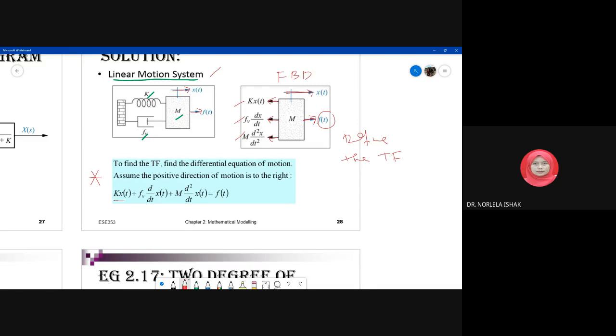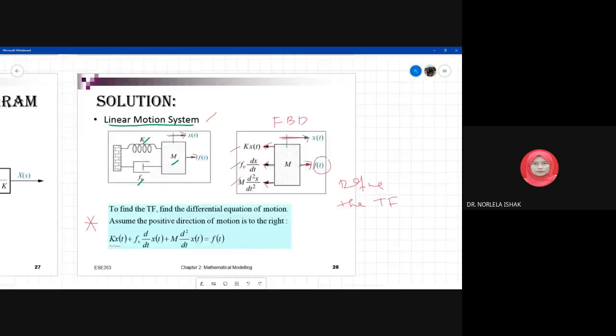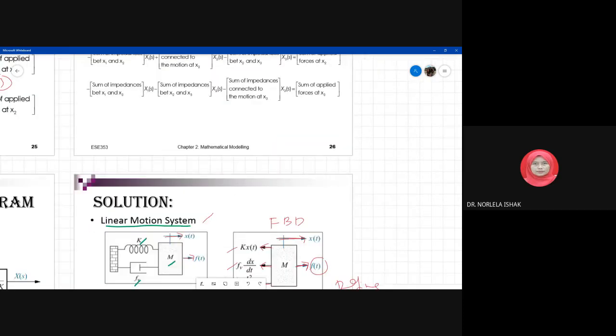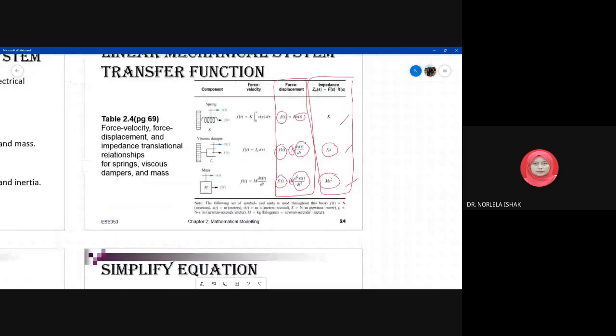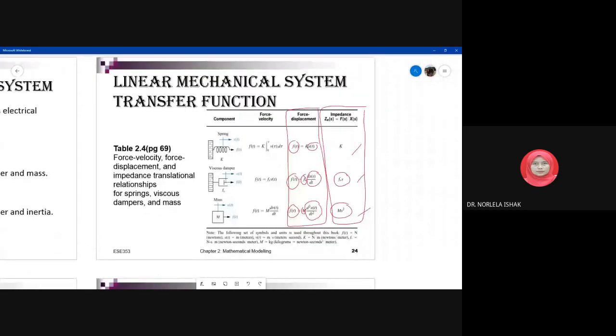The impedance of this is the relationship between force and displacement. So x is our displacement. So what's the total force? Force for spring, force for viscous damper, and force for mass.